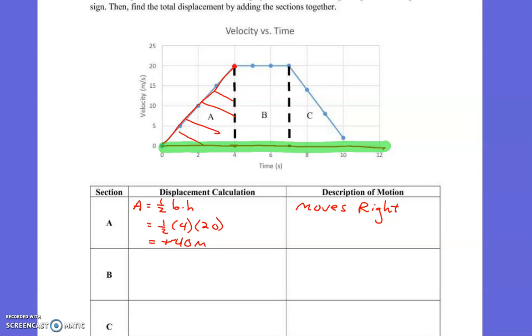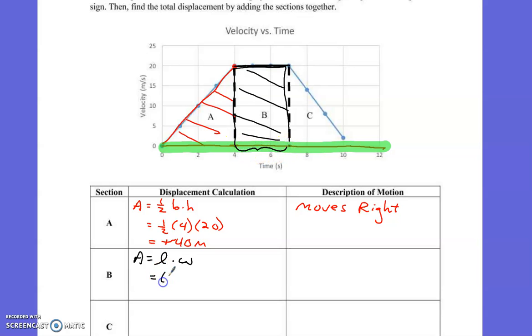For the second section, part B, again, we want to find the area between the line and our horizontal axis. So we're going to find this area here. This is a rectangle, so the area is length times width. The length in this case is from 4 to 7.